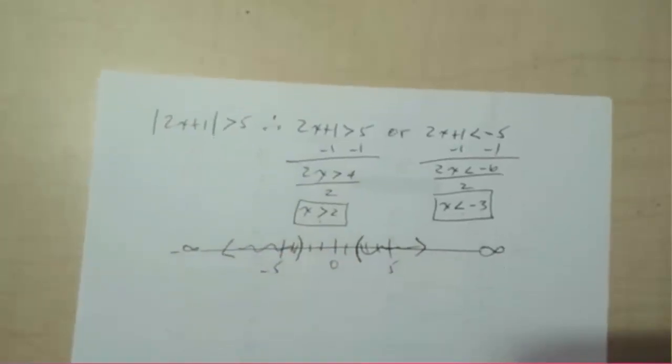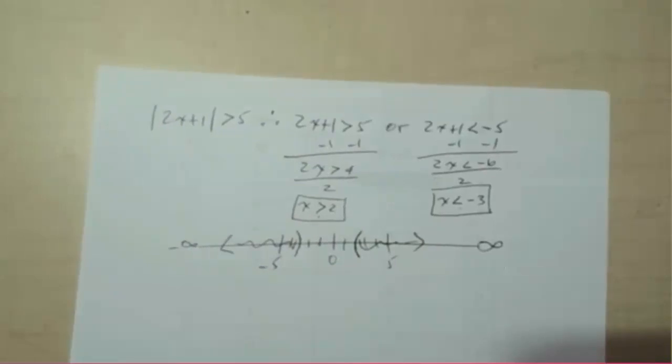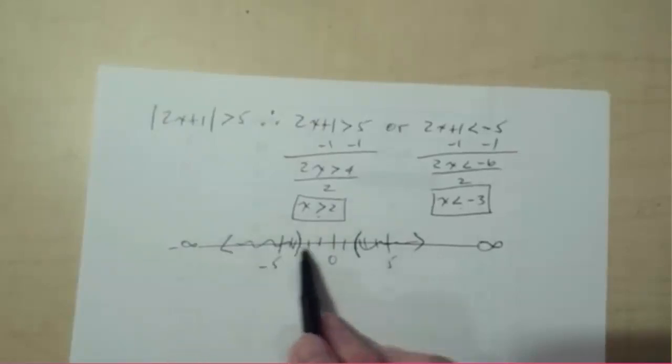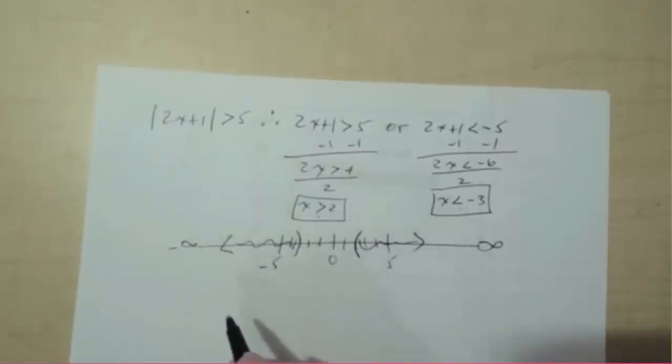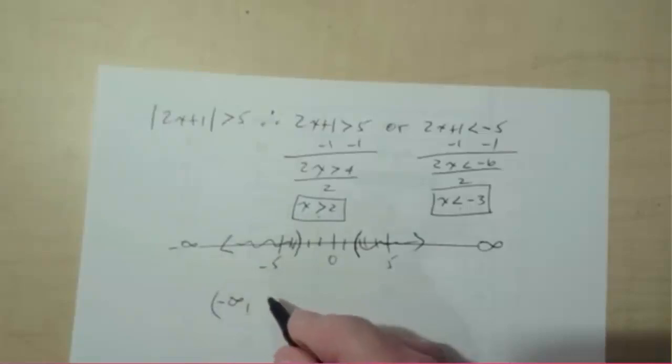Now, how do we write the interval notation? Remember, interval notation looks just like this, except it's written in numbers. We have negative infinity on this side with a parenthesis, and negative 3 on this side with a parenthesis.